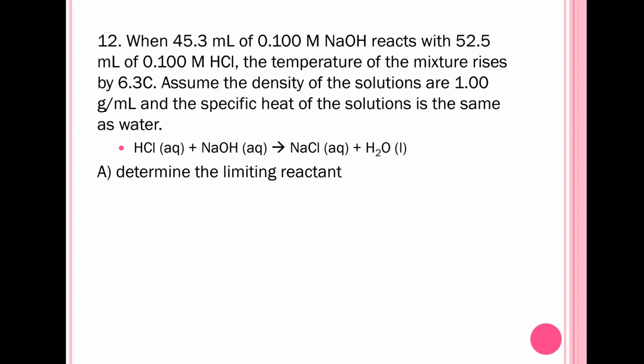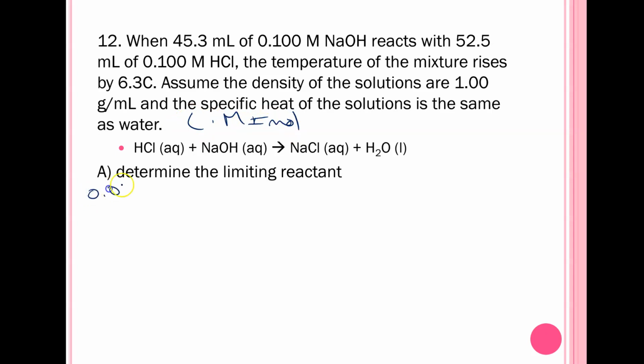Okay, so this one's going to take a little bit of space to do. So you have 45.3 milliliters of NaOH reacts with 52.5. This is the reaction. It's a 1-to-1. So what we want to do is figure out the limiting reactant first. Since they are solutions, liters times molarity will give you moles.